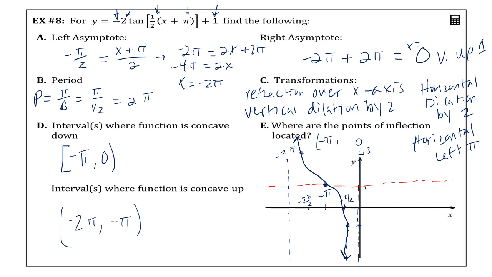Now, where does this happen at all over the place? Well, it also occurs at what? We're going to go negative pi plus 2 pi, because that's our period. So negative pi plus or minus 2 pi repeatedly.